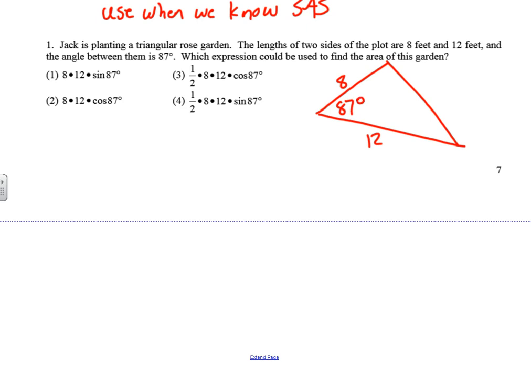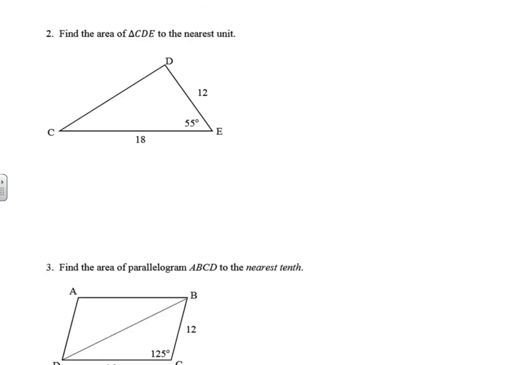Notice what we have: side, angle, side, or A, B, C. So it's going to be 1/2 times 8 times 12 times the sine of 87. Again, we're looking for the conditions of side, the included angle, and the side. We can do 1/2 AB sine of C.